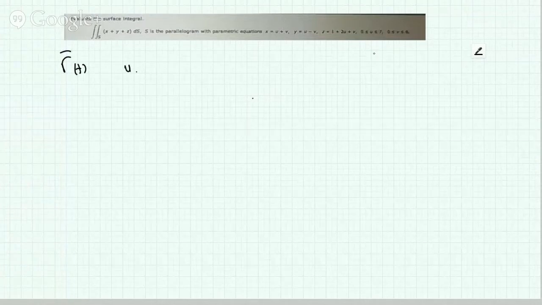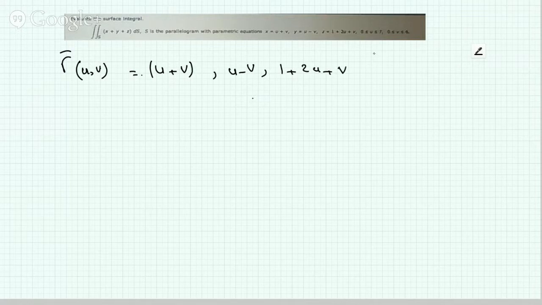u plus v. So let's write this as a function of u comma v being u plus v in the i, u minus v in the j, and 1 plus 2u plus v in the k.